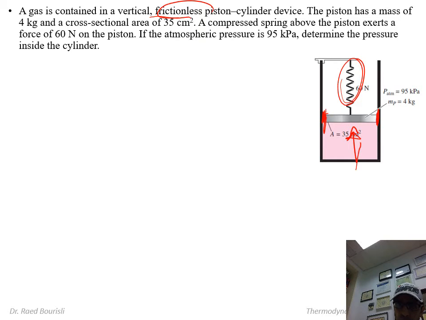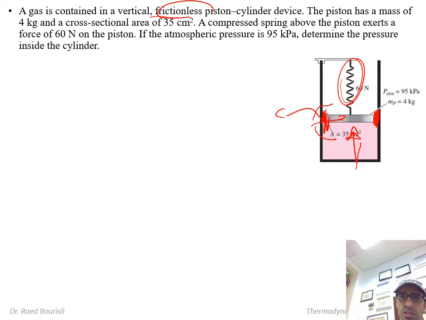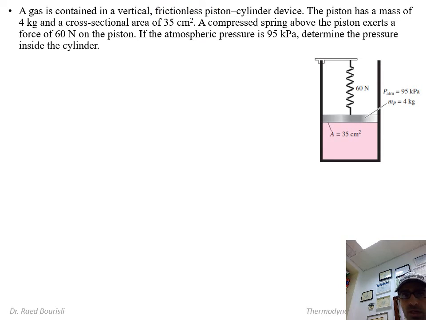Why does it say frictionless? Nothing is spent as heat due to friction. Nothing is lost to heat. It could be heat in the piston, the cylinder, the outside, the air, the spring, and so on. So we usually make an effort to say frictionless. Be careful, don't worry, nothing is wasted.